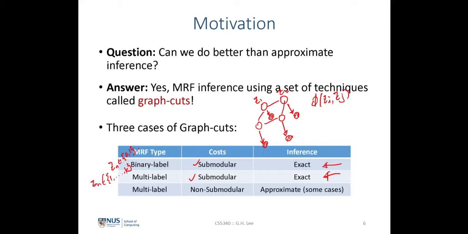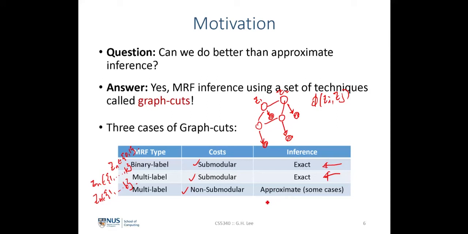And we'll also see the case of a multi-labeling problem where Zn is going to take one out of k classes, but in the third case, we're assuming that the pairwise cost and the unary cost are non-submodular. Then we are still able to do the inference, whereas exact inference would not be possible anymore.